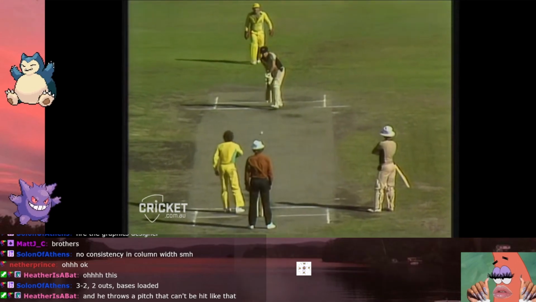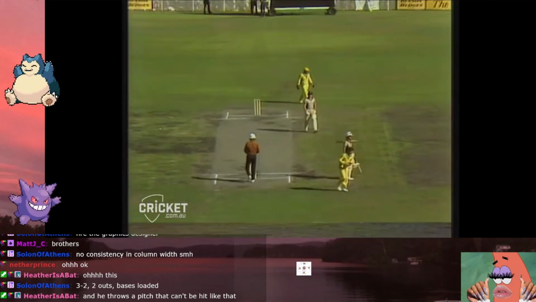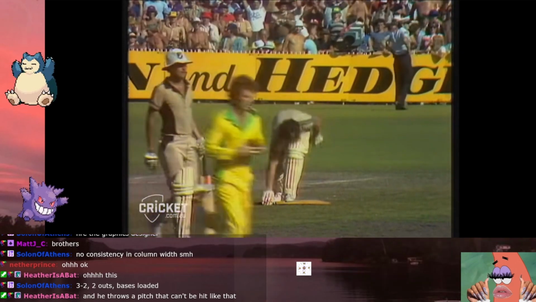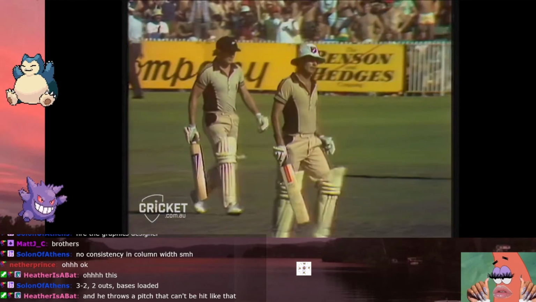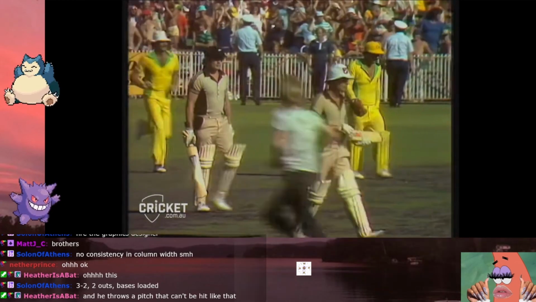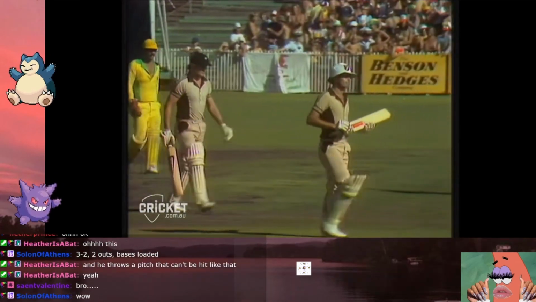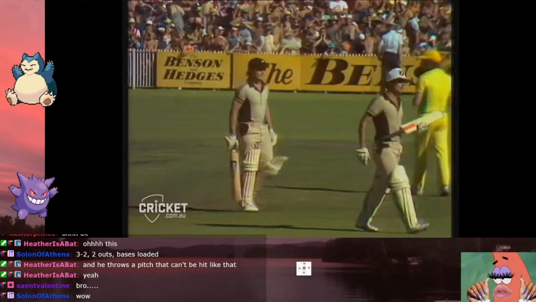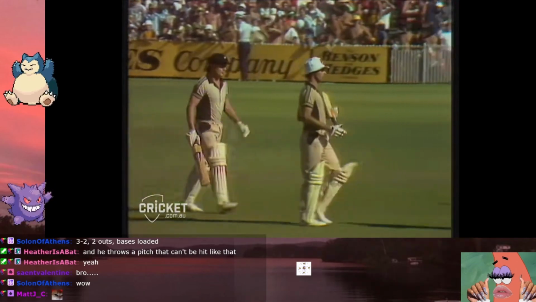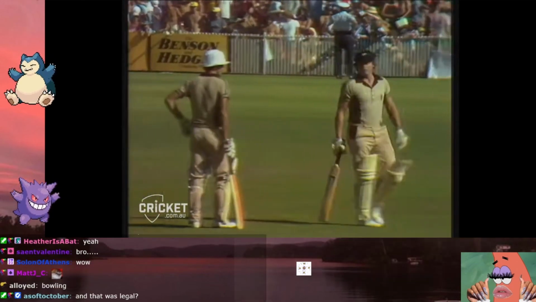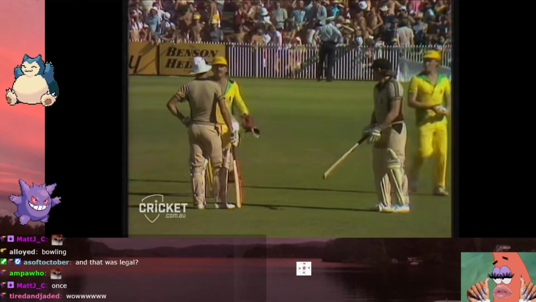Ever believed it? Disgusting. And that's a disappointing finish. He rolled it on the ground so the batsman couldn't hit it for 6. It was just not possible to hit that ball for 6. Disgusting. Well, that's disappointing. And you can hear the crowd. Very disappointed. That was legal at the time to bowl a ball like that, yes. It is now no longer legal to bowl a ball like that.